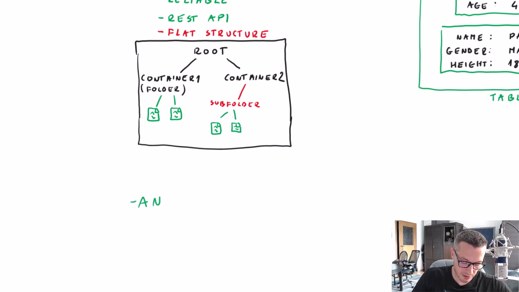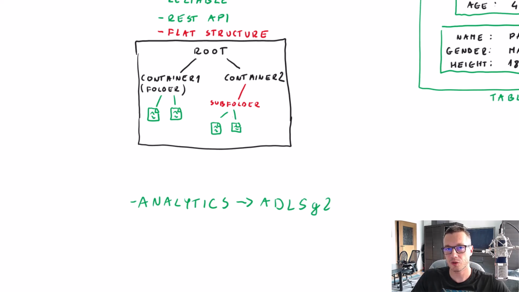Whenever we want to have the storage for analytics like big data, then that's the solution, this ADLS Gen 2. And ADLS stands for Azure Data Lake Storage 2nd generation. So that's what we just did. Checking this checkbox converted this regular blob storage into this ADLS thing.